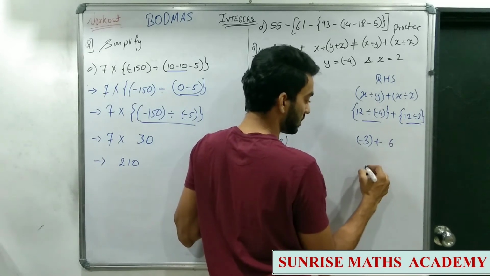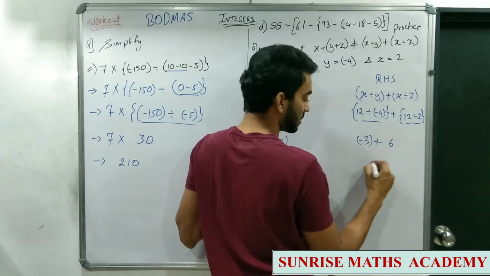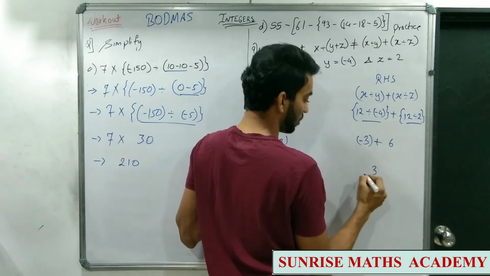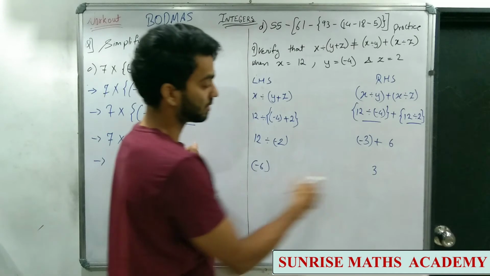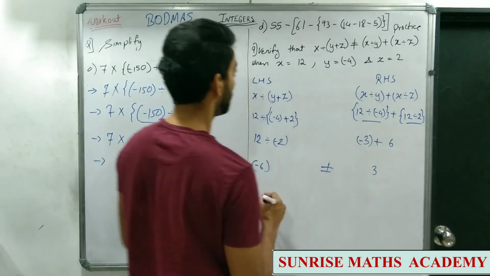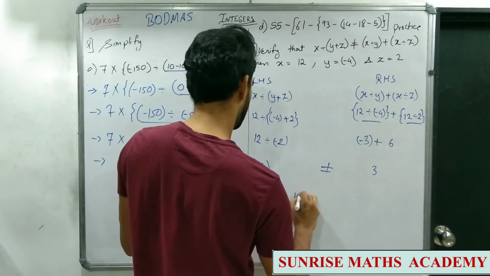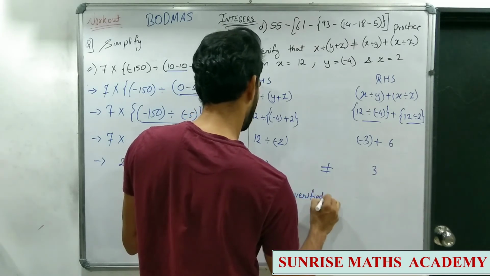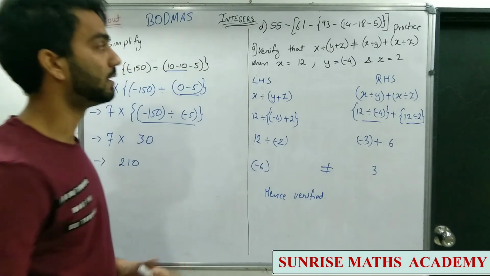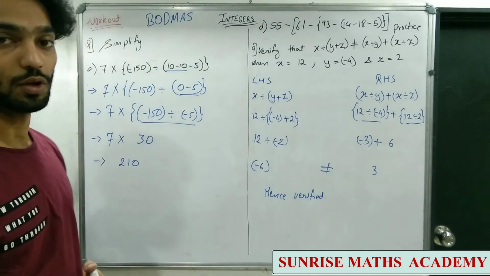Minus 3 plus 6: minus plus will be minus. 6 minus 3 is 3, greater number is positive. Here we have got minus 6, here we are getting 3. Therefore, hence verified. And therefore, we have seen that the distributive property is not applicable for division.